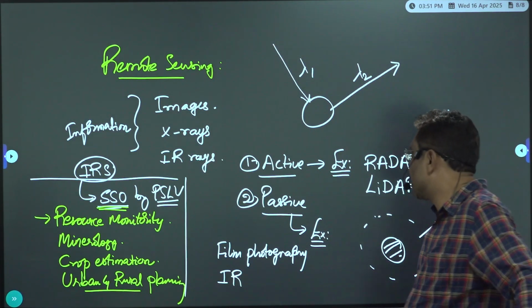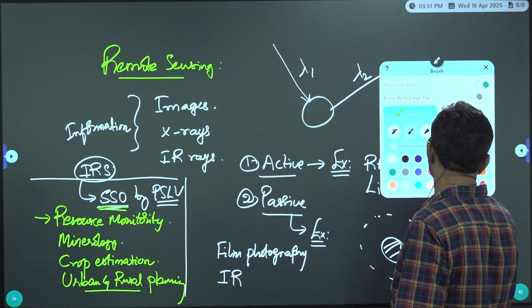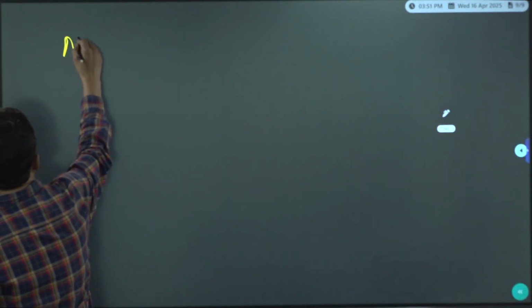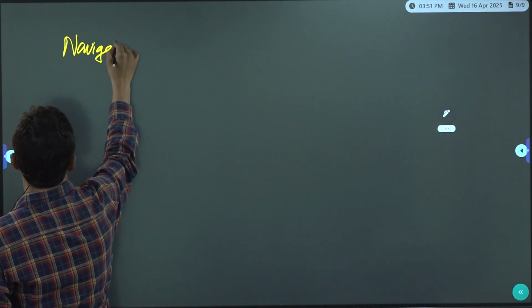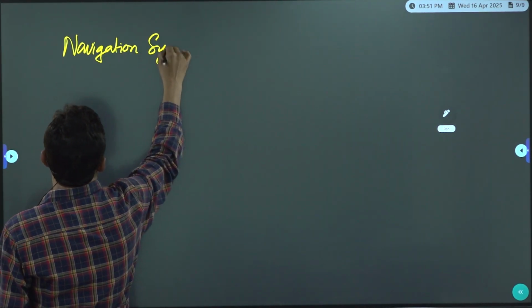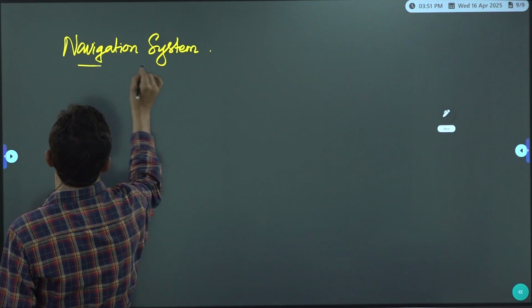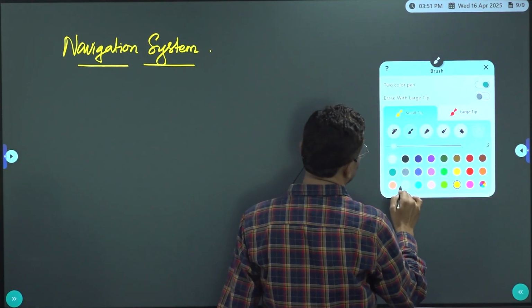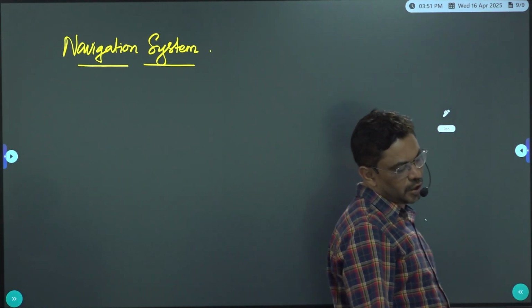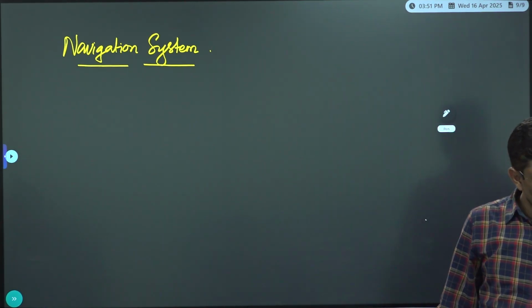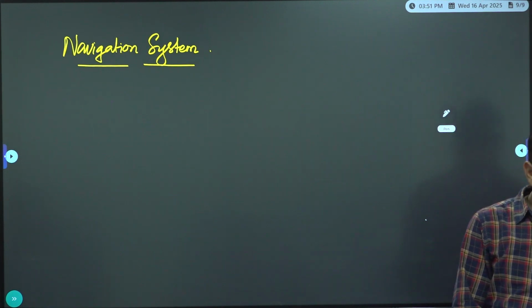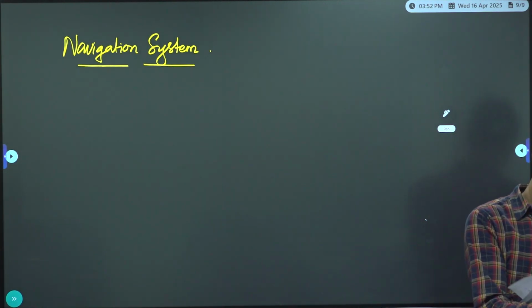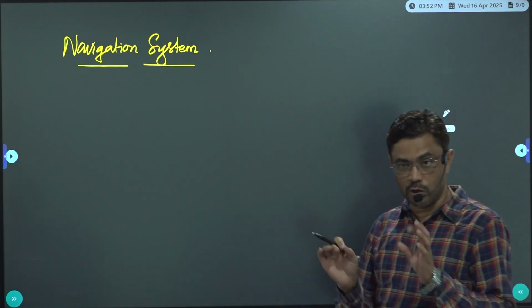Next, navigation satellites or navigation system. Some satellites have been launched in space, which are constellated together. They provide navigation signals for accurate movement and accurate location.